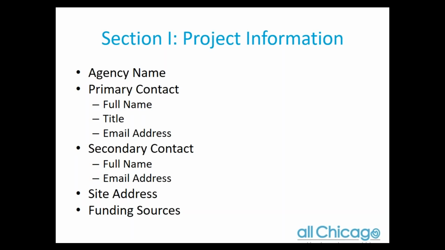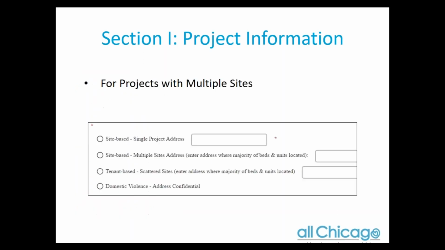We'll ask you about your site address, which I'll go over in a little bit, and also about your funding sources. One thing to note about the primary contact: if you are the one that's completing the HIC and you list someone separately, they will receive the HIC confirmation email at the end. So just make sure that you are aware of that, and if you do list someone different than you, make sure that you touch base with them to ensure that they did receive the HIC confirmation email.